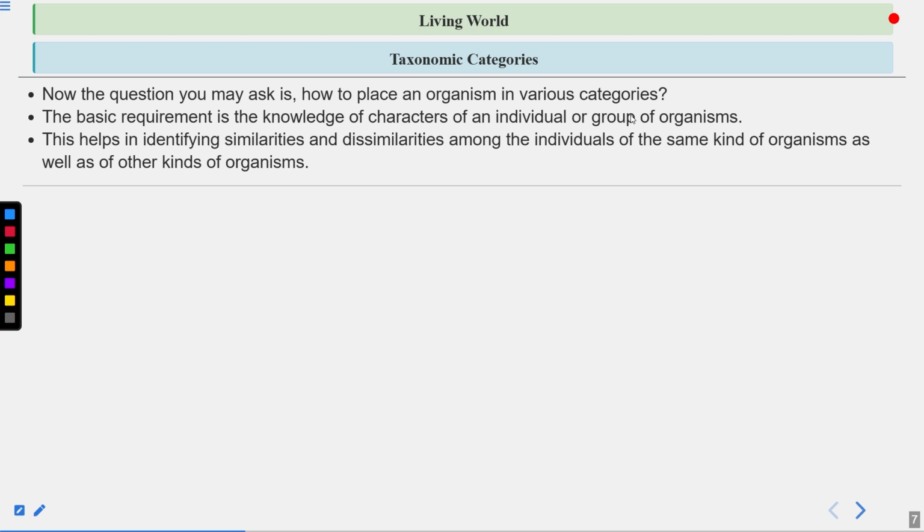So this helps in identifying similarities and dissimilarities among the individuals of the same kind of organisms, as well as similarity with other organisms, as well as dissimilarities with the other organisms.